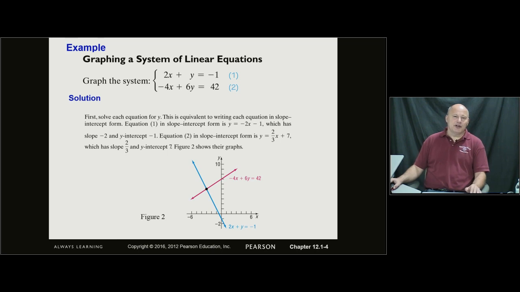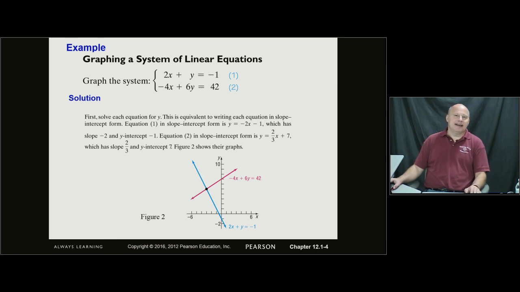You really don't want to use this approach to solve a system of equations because, first of all, you're only going to get it if the ordered pair is on an integer. If they cross in between the integers, it's very tough because you don't know if it's going to be 3.5 or 3.6. You're only guessing.